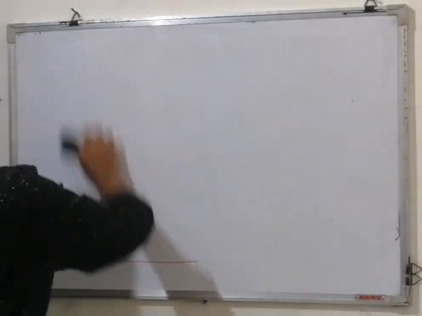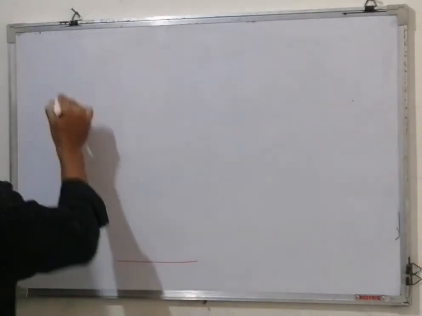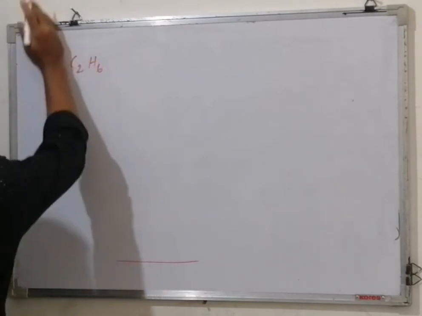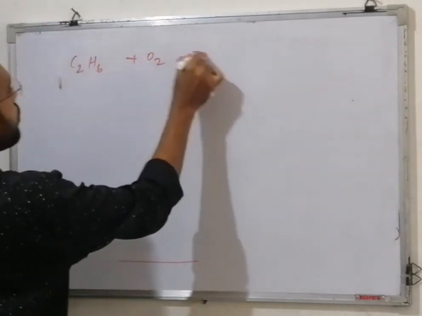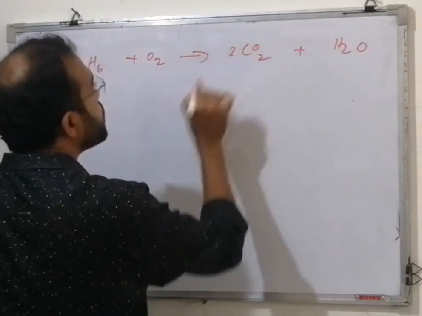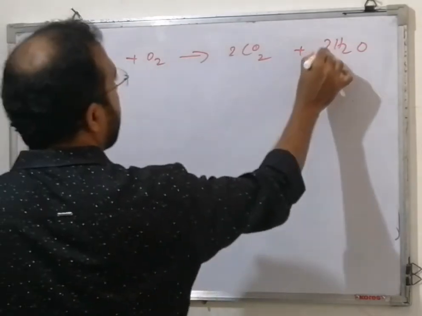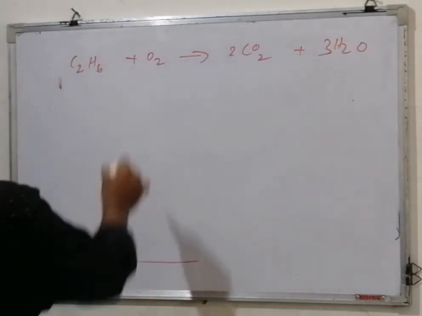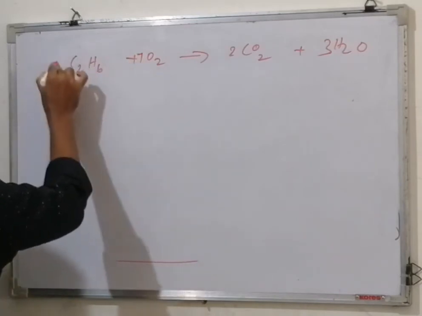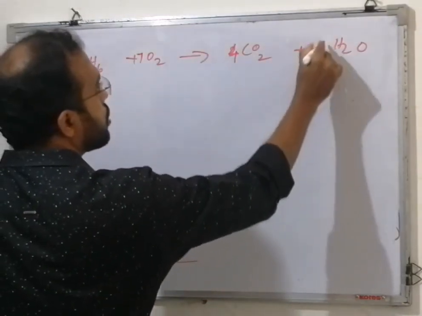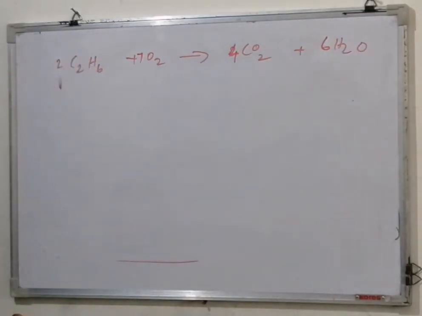I will give you one example. Suppose you talk about 2C2H6 plus 7O2 gives 4CO2 plus 6H2O. Almost, I can correct.